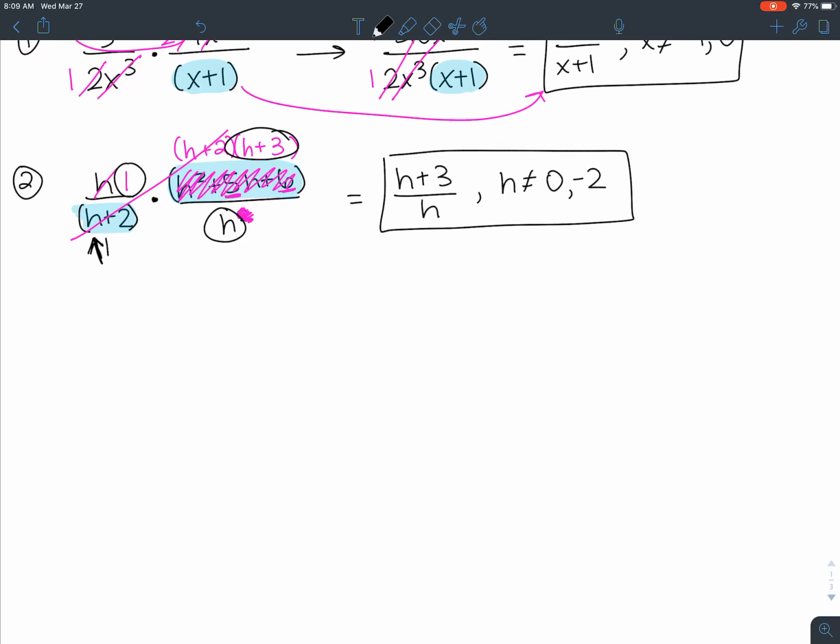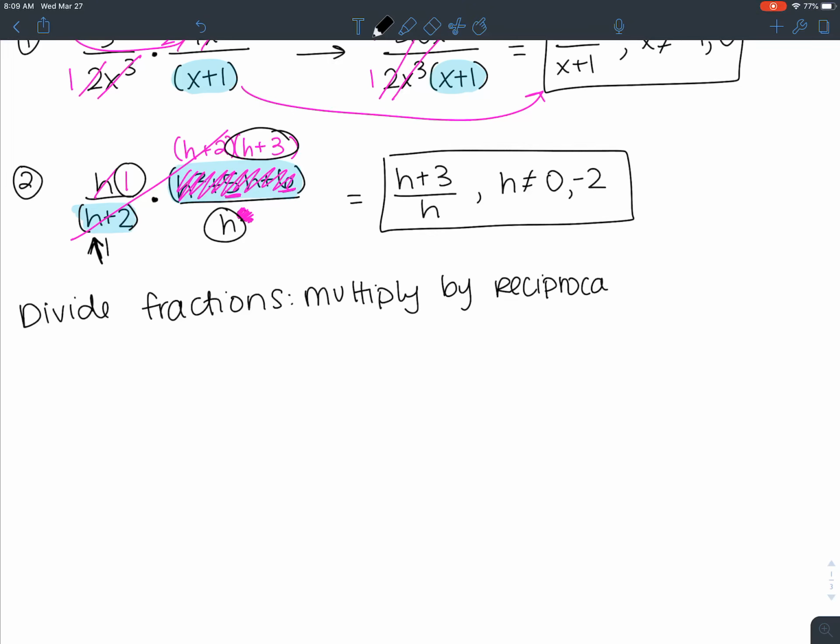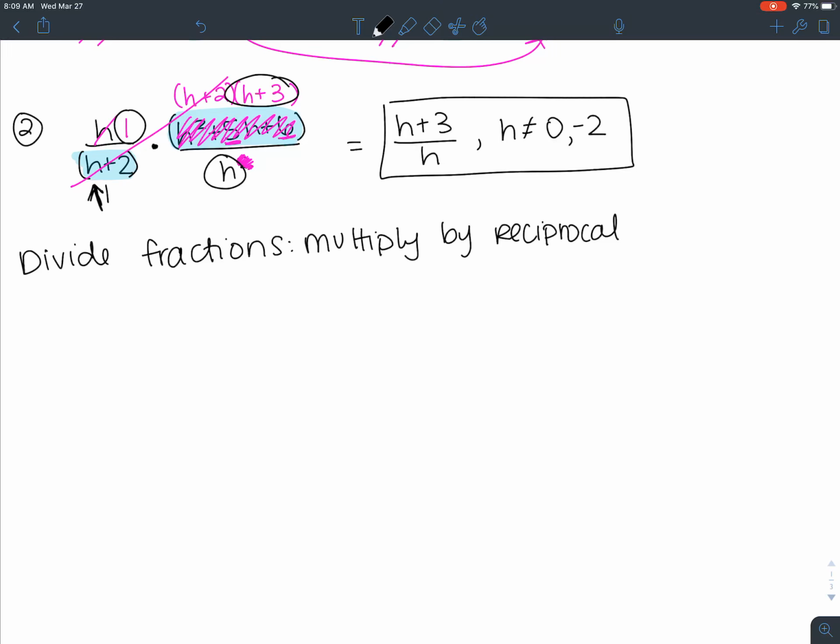All right, so now we're going to divide the fractions. And a quick reminder, when we are dividing by fractions, we multiply by the reciprocal instead. And again, we're multiplying by the reciprocal of the fraction that was dividing.